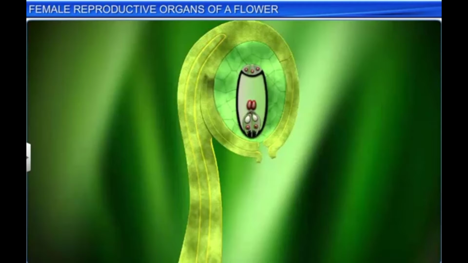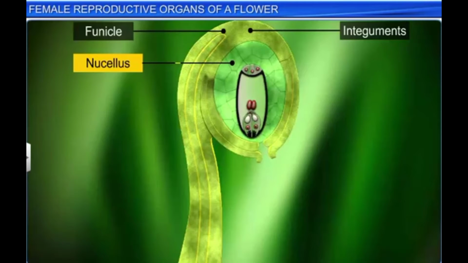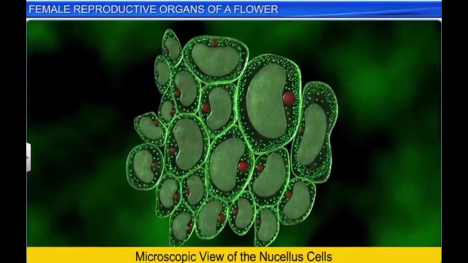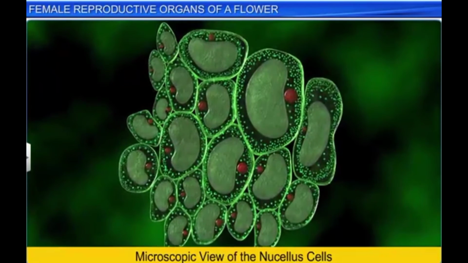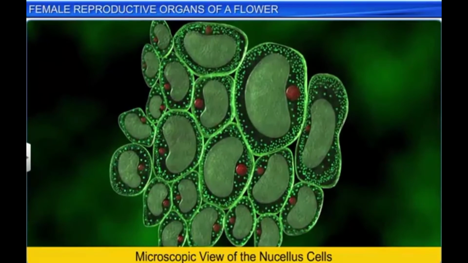At the chalaza region, we find that the funicle and integuments join the nucellus, the center region of the ovule that's made of a mass of diploid, colorless, thin-walled, parenchymatous cells containing food reserve materials.